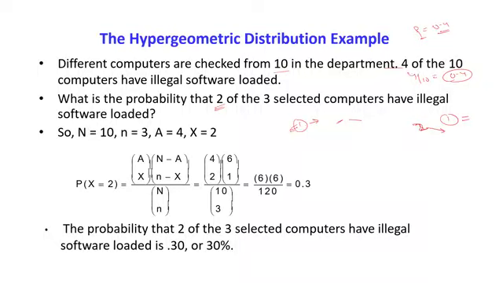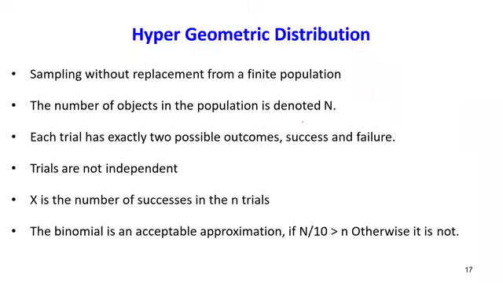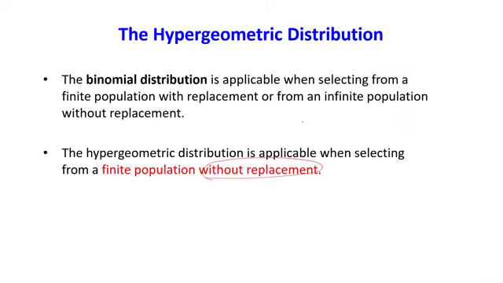Yes or no? If the first has already been selected as illegal, then the probability of the second again being illegal would be relatively lower. This kind of sampling is known as sampling without replacement.